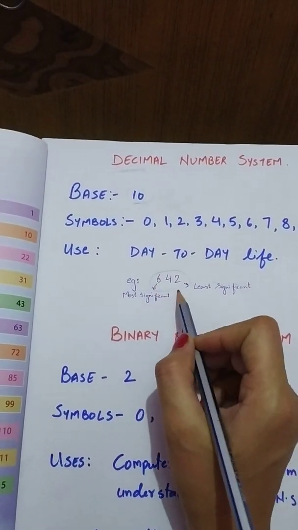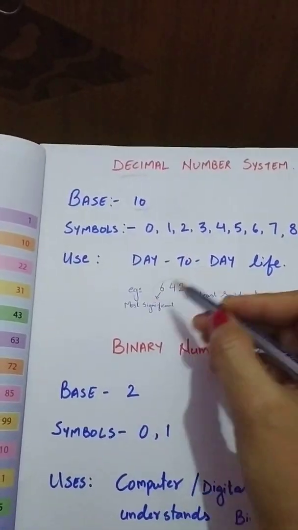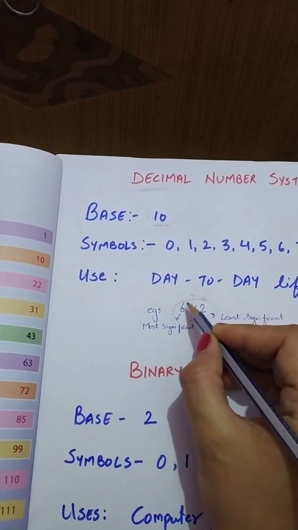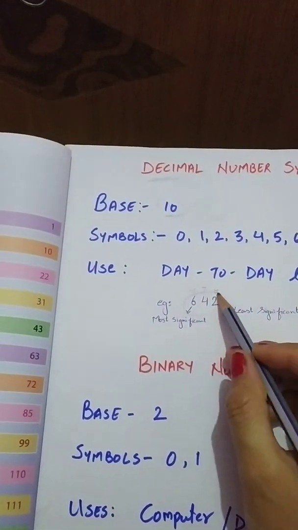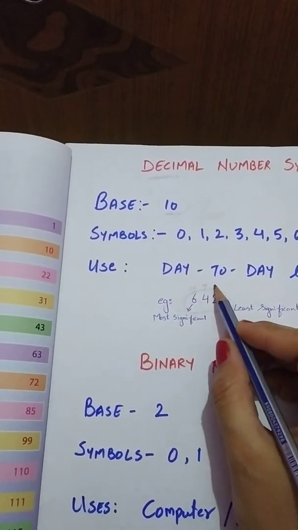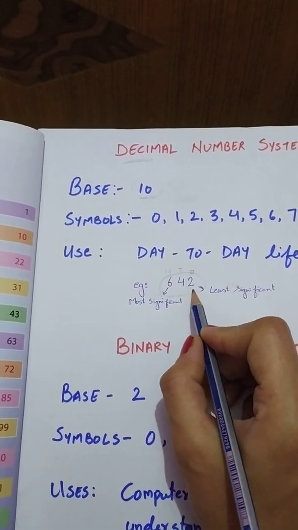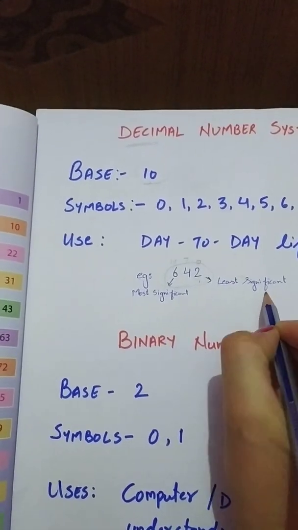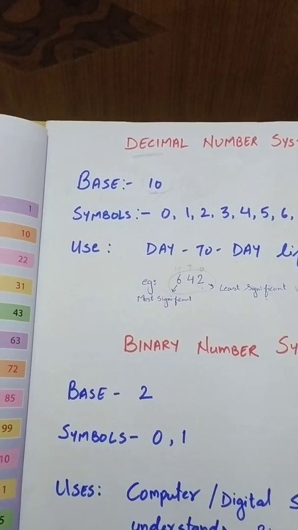A small example is given to you. 642. Suppose this is your number. Ones, tens and hundreds. I hope you all are familiar with this concept. So in this number system, the place value of the digit on the ones place is known as the least significant value, because its significance is the least.